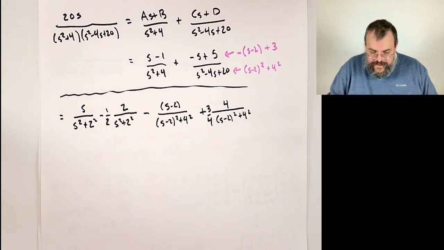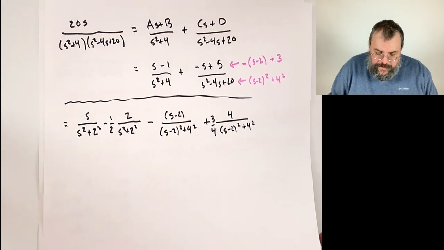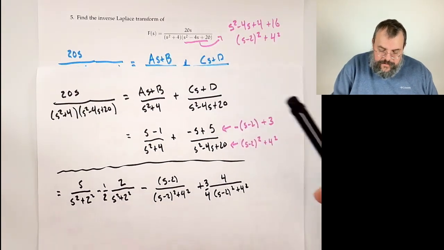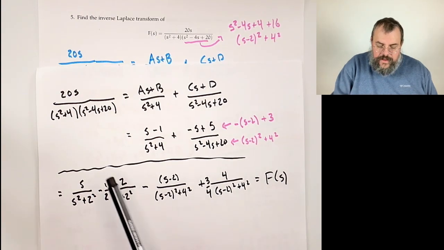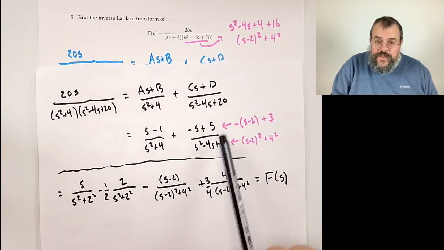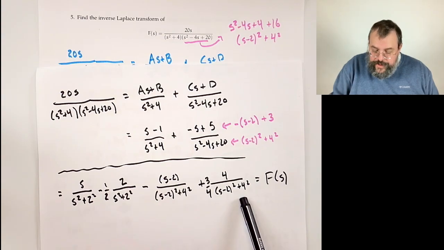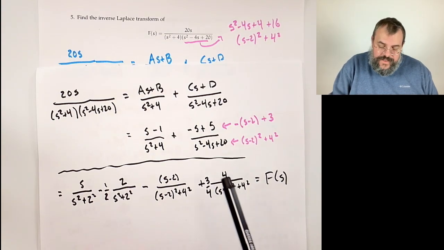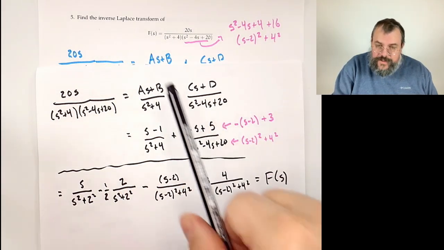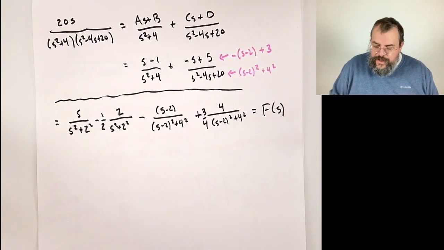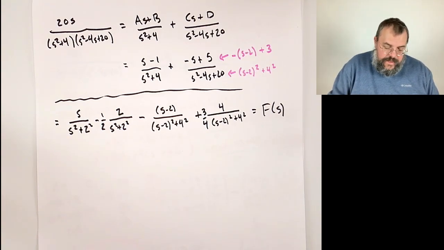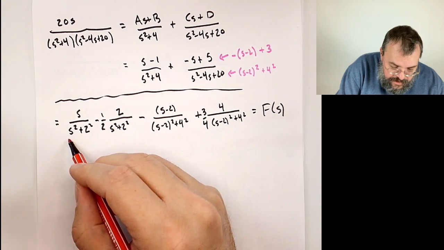The punchline here is that all of our work so far has been to say that this part is equal to f of s. We did our partial fraction decomposition, and then we broke it up. So now we're ready to do the inverse Laplace transform and say, okay, what happens to each piece? And we actually know.